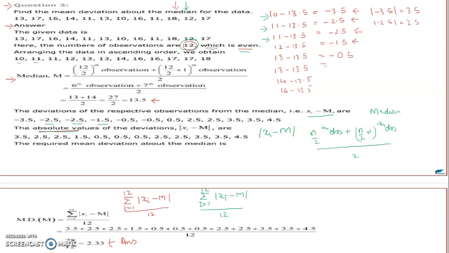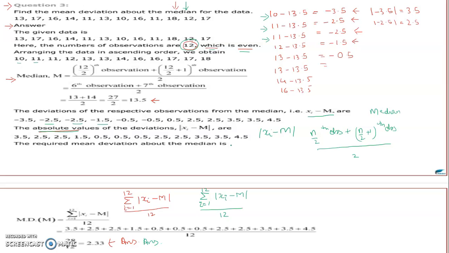Summation means sum. I have explained this in the live class, if you remember, students. Now add all of these absolute values: 3.5 plus 2.5 plus 2.5 plus 1.5, 0.5, 12 observations, adding and dividing by 12. When you add, you get 28 divided by 12, so that is 2.33, which is your answer.